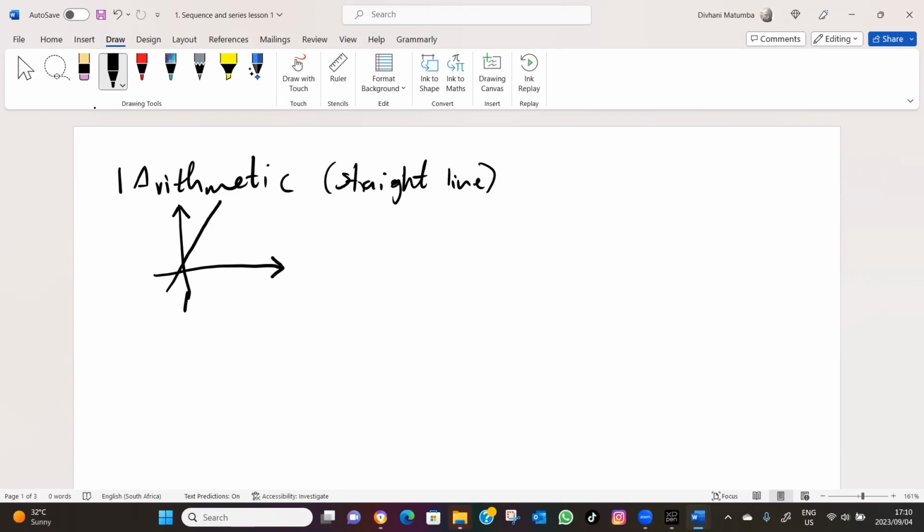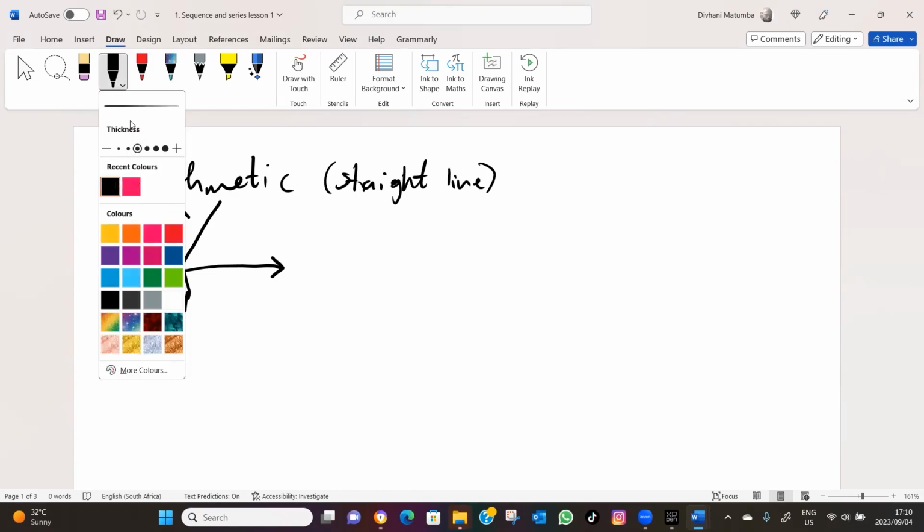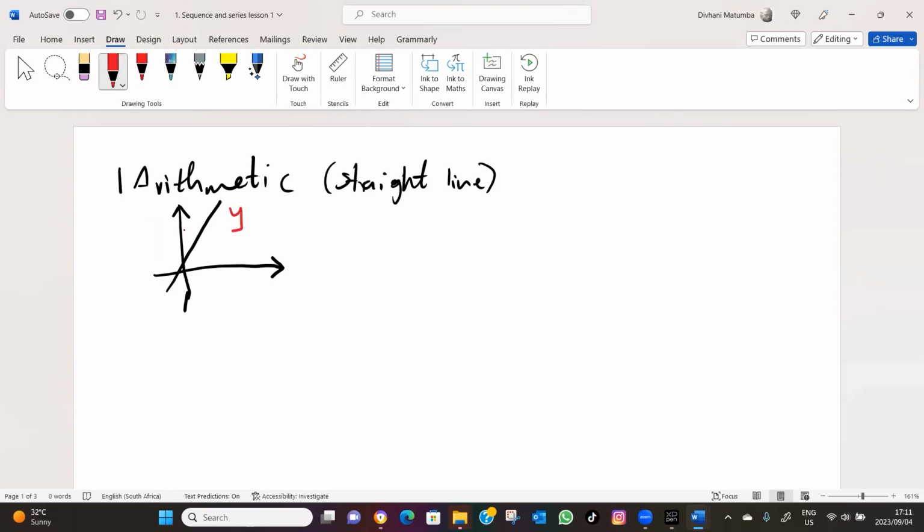Now, the general equation for a straight line function is typically y equals mx plus c.